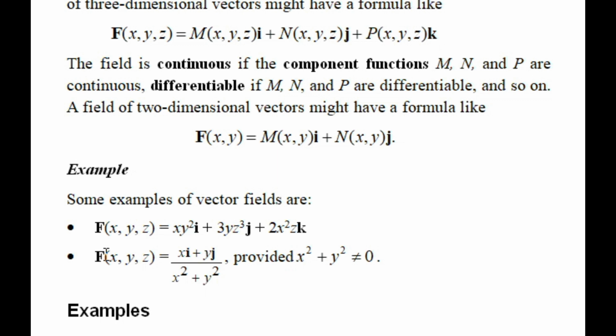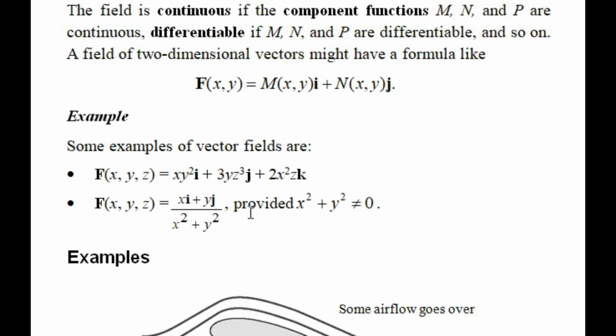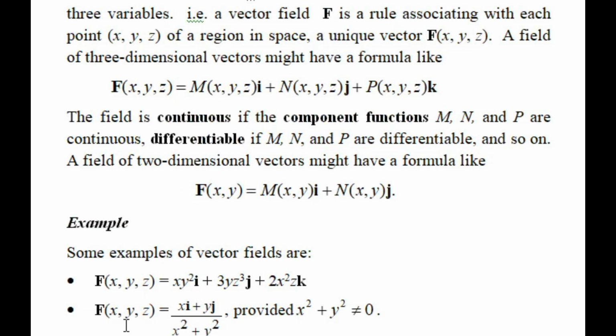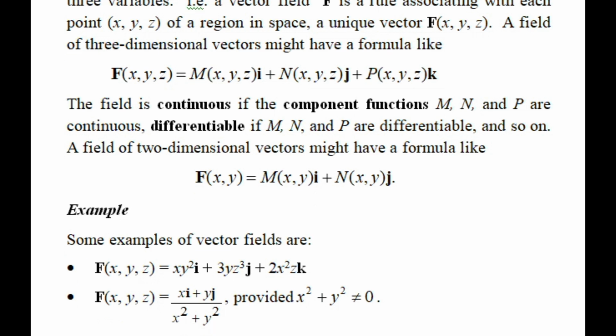So this function is not defined when x is equal to 0 and y is equal to 0. If we take a triple xyz where x and y are both 0, is there any other point? No, no other point.